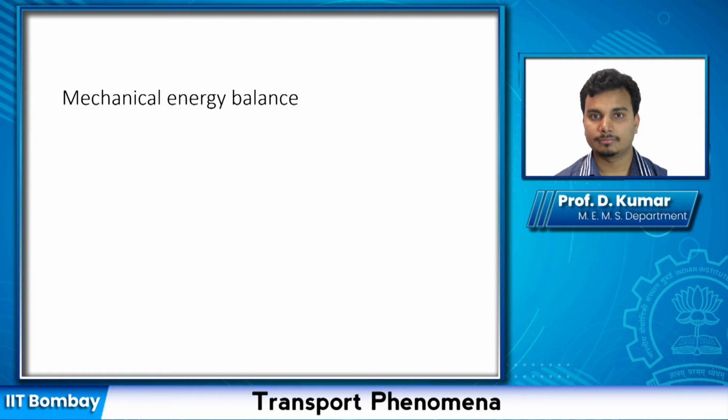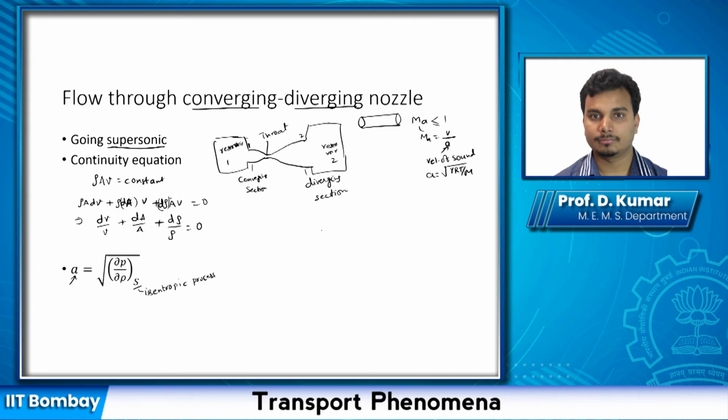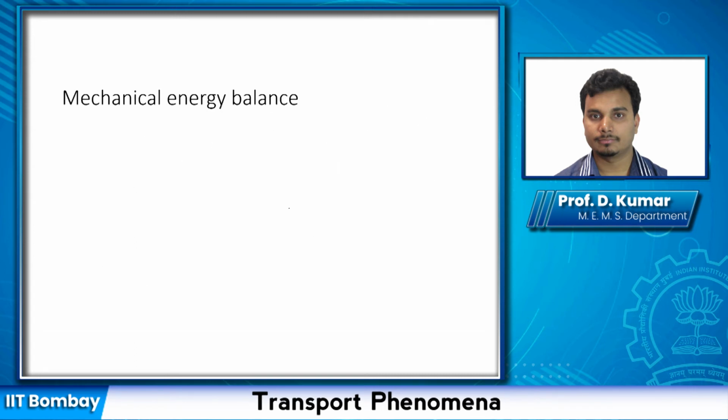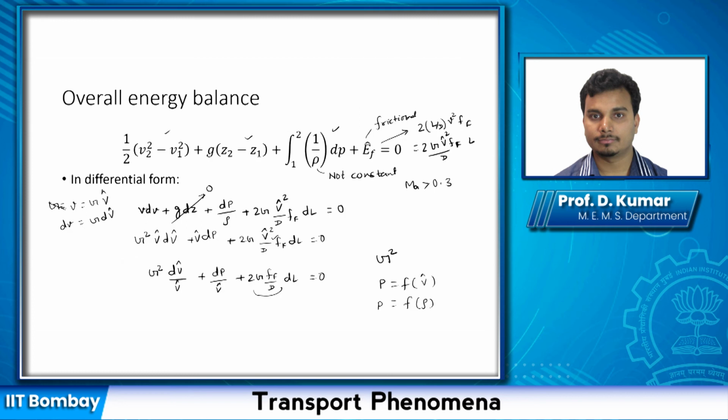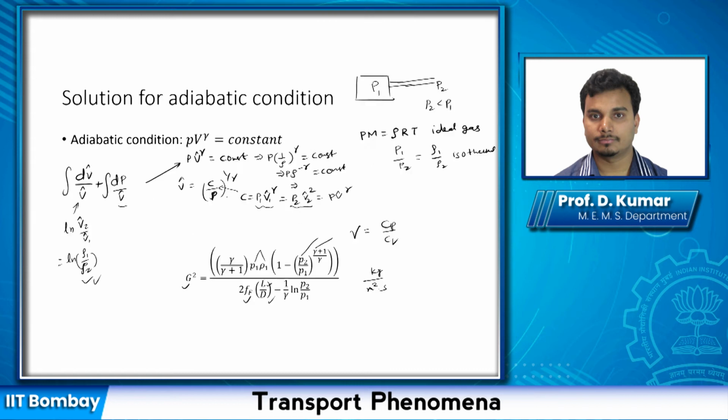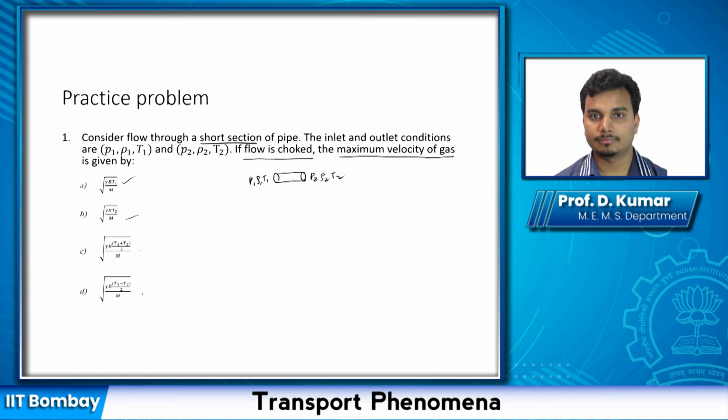Now let us move to the mechanical energy balance. We neglect the gravity term, and since this nozzle is so small, we can also neglect the friction term, as the loss due to friction may not be as much. In differential form, going back to what we did earlier, we neglect this as well, so only two terms remain.